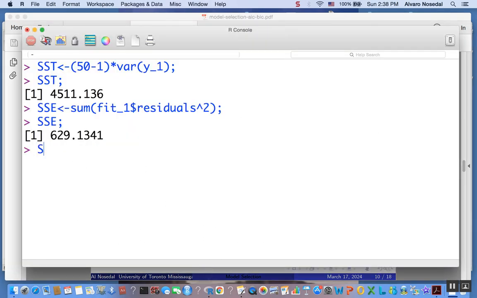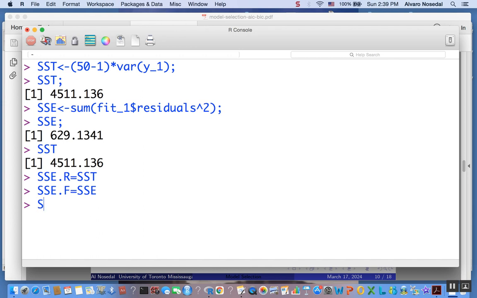So we know that the sum of squares total is this. Let me call that the sum of squares of the error for the reduced model. Let me call SSE the sum of squares error for the full model.